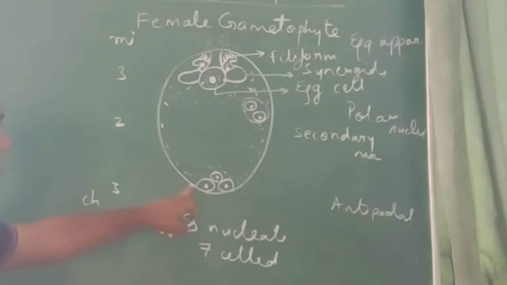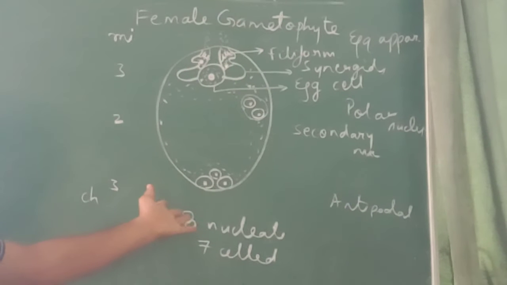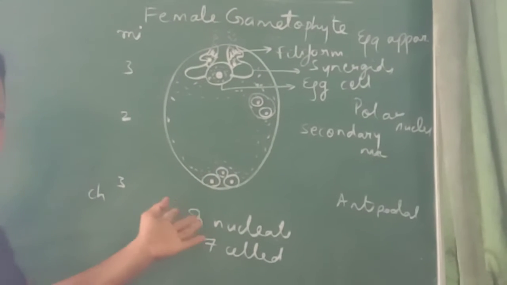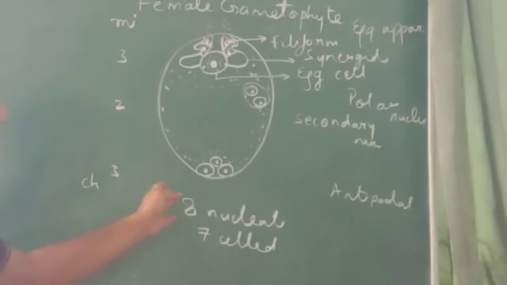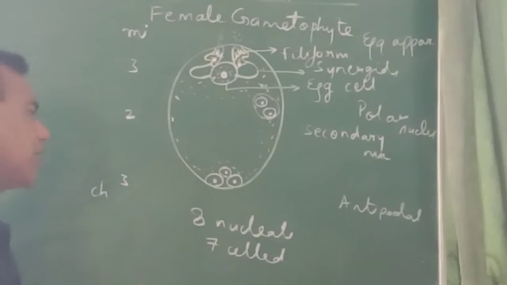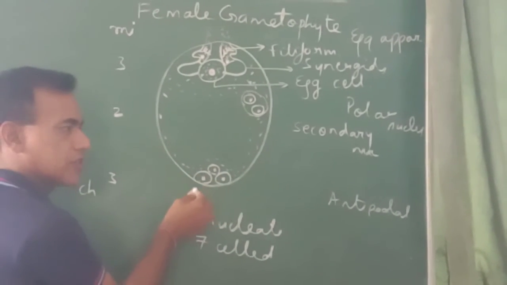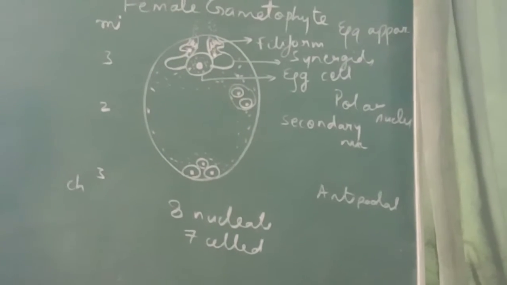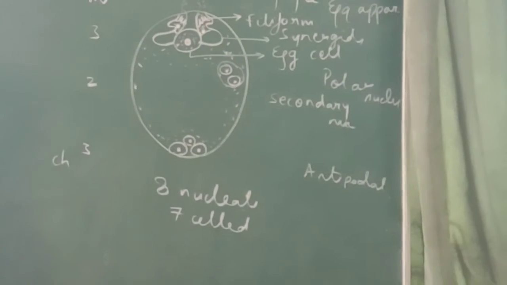These are present on the chalazal side. Their number may be many. For example, in Bambusa, they may be 300 or more. They do not have any specific function, and that's why they degenerate either before or after entry of the pollen tube.